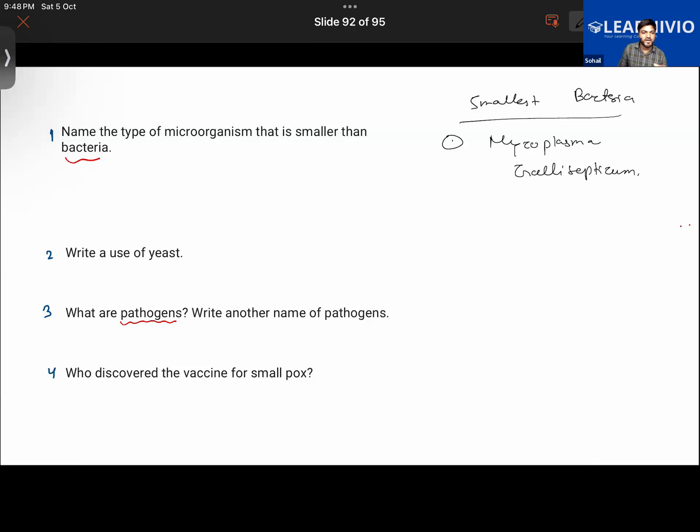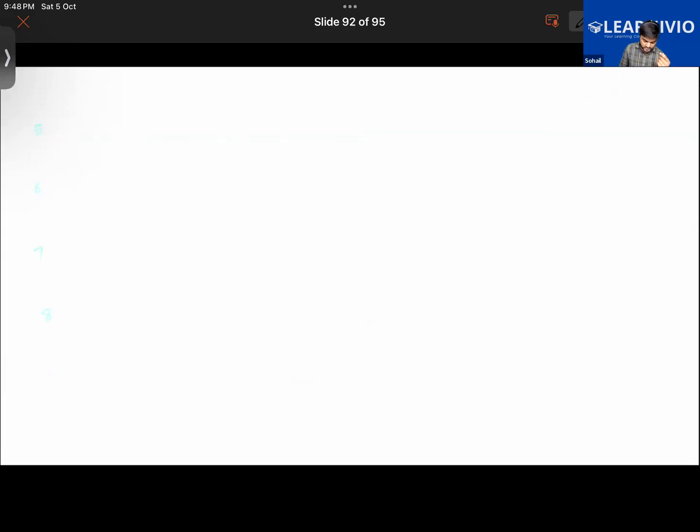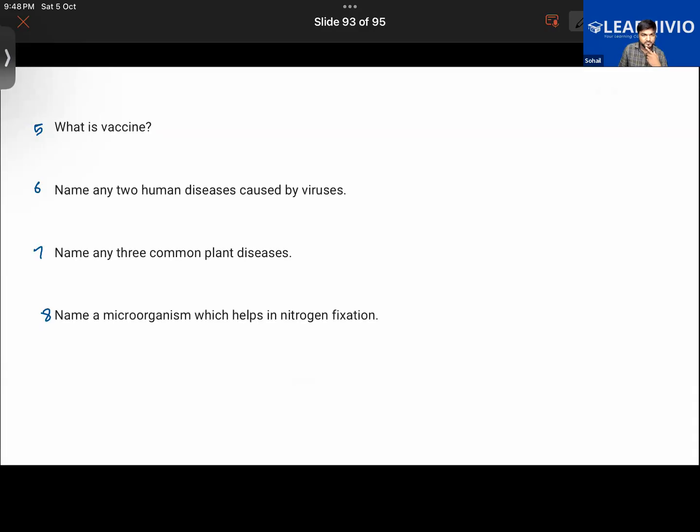So they are called infectious agents. Okay, continue. Who discovered the vaccine for smallpox? Edward Jenner, very good. What is a vaccine?